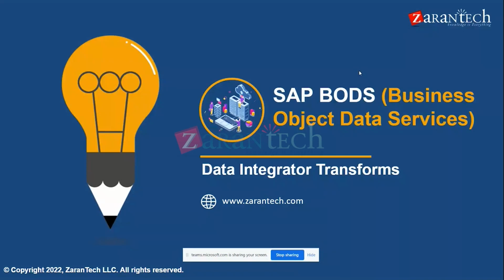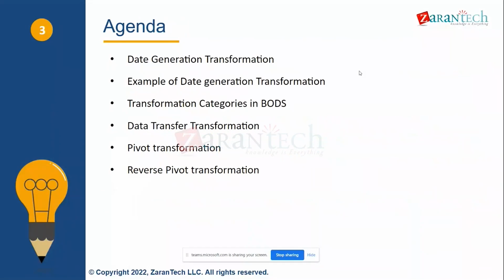So today's agenda is that there are a couple of transformations available in BODS. Whenever we have our database, whatever the functionalities, how do we transform the data from one location to another?